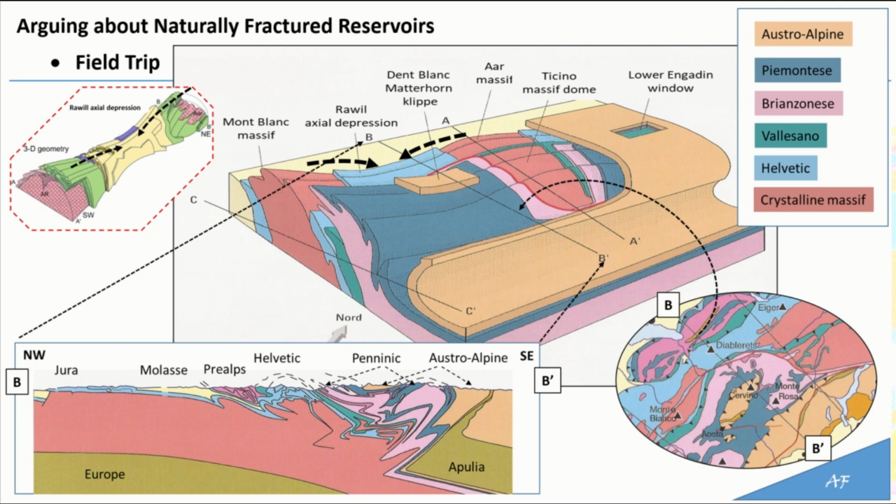In this last area, the target of this virtual field trip, the Helvetic nappes are preserved, while laterally, along this anticline axis, they are eroded, southwestward on top of the Mont Blanc Massif, and northeastward on top of the Aar Massif.